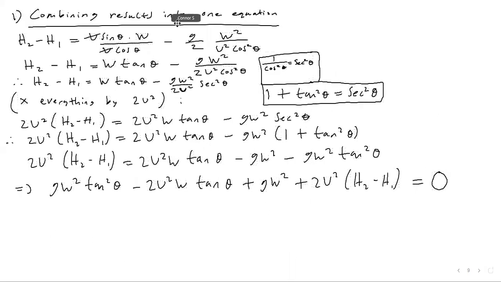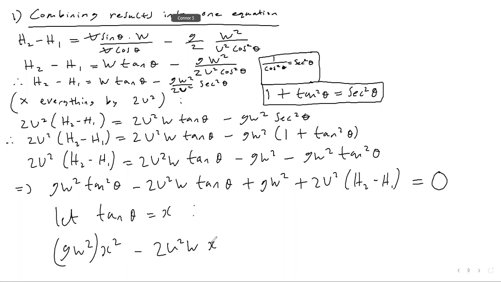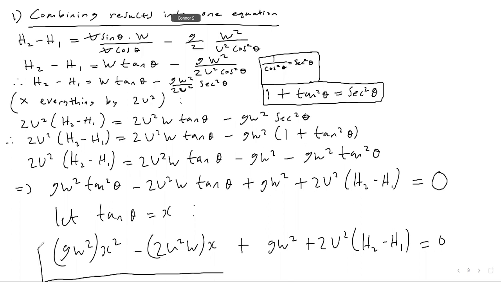Obviously, it's not a quadratic in theta, but it's a quadratic in tan theta, because if we let tan theta equal x, then we get gw squared x squared, take away 2u squared w x, and then plus this constant at the end, gw squared plus 2u squared times h2 minus h1, equals 0. So we get a quadratic equation there in terms of tan theta.